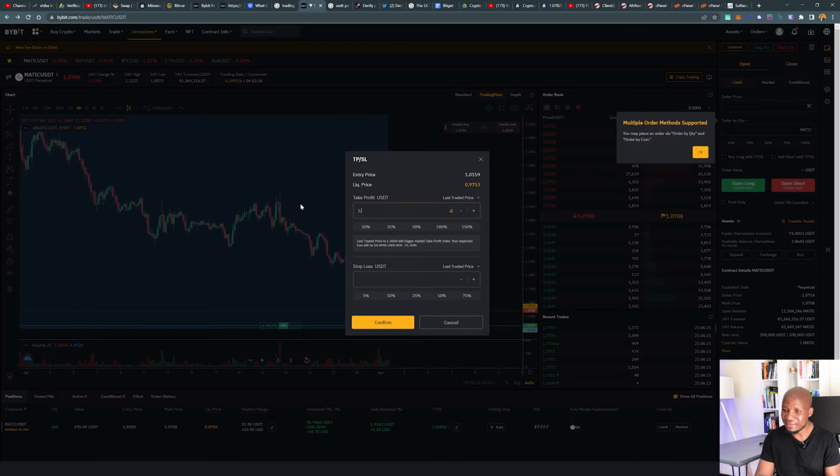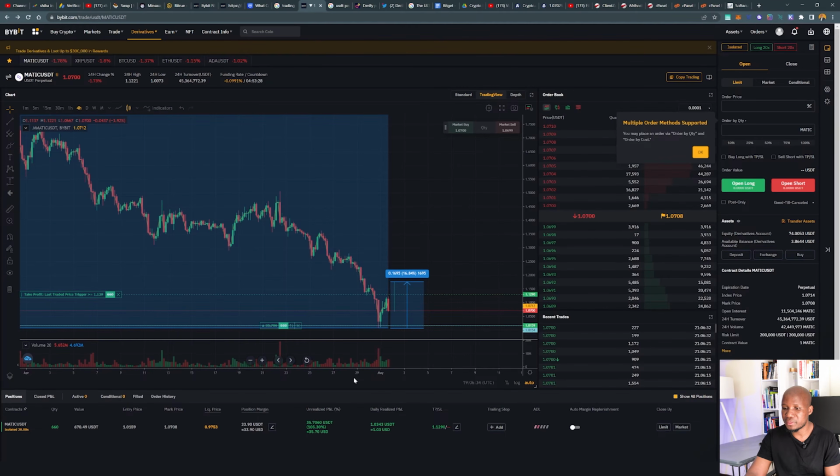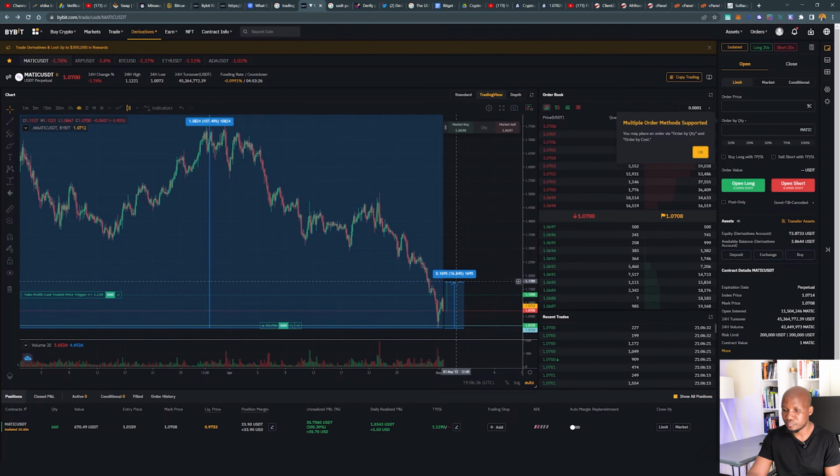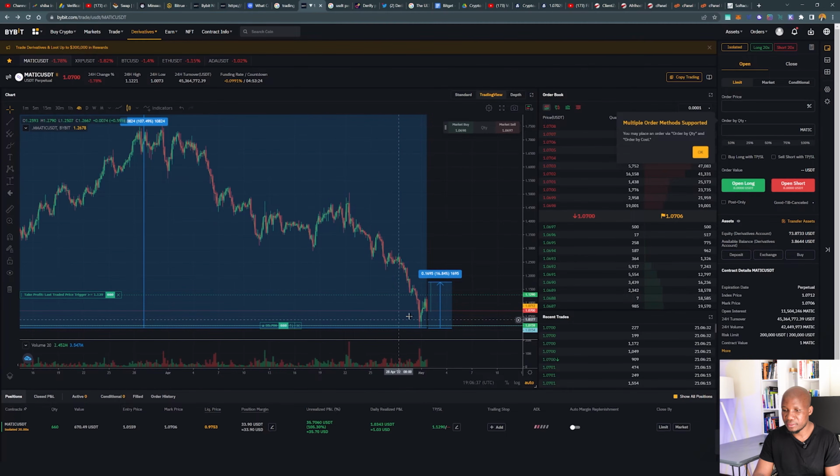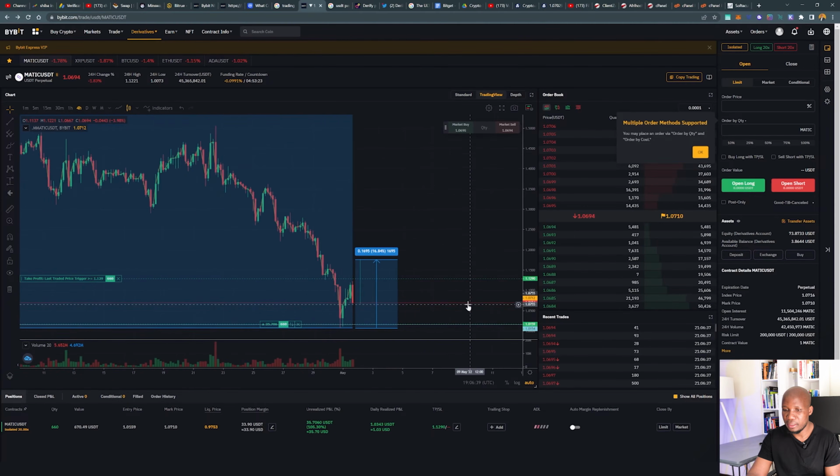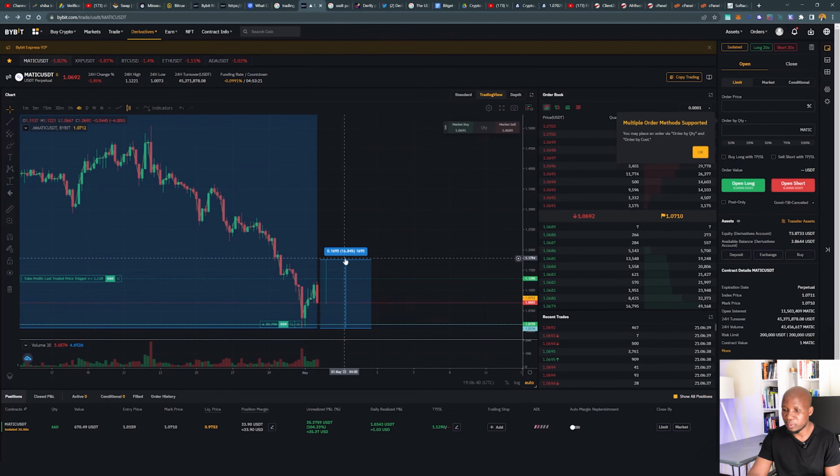Now that I know that exact number, I can come here and change the take profit to that exact number and confirm this. Obviously, you can always put your stop loss. As you can see, everything has been changed, which means now I have my take profit around about this price range. So what I'm going to do is drag this over and bring it to that exact point.